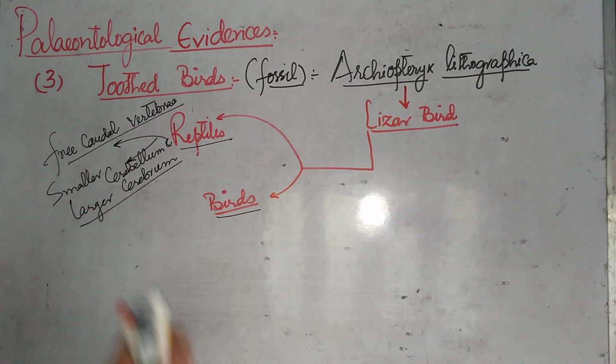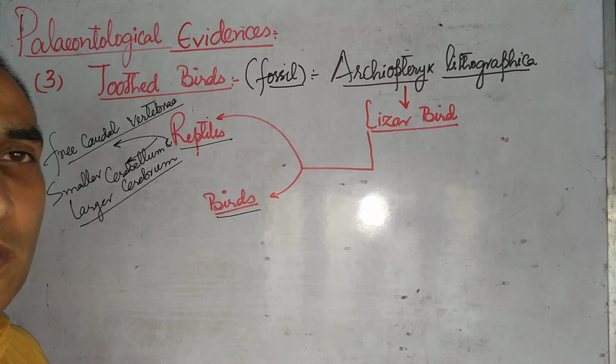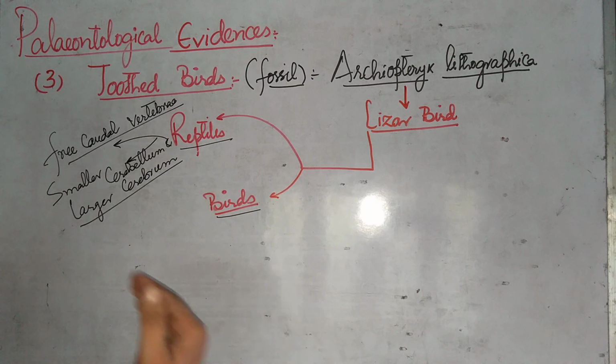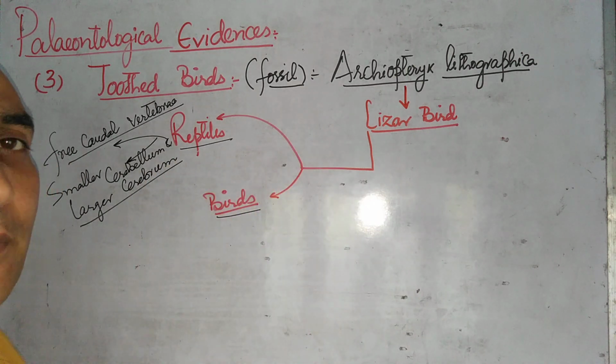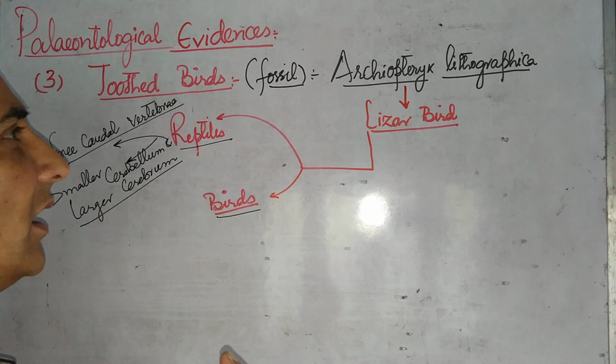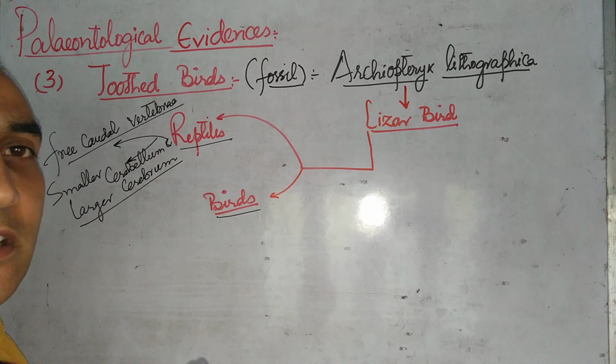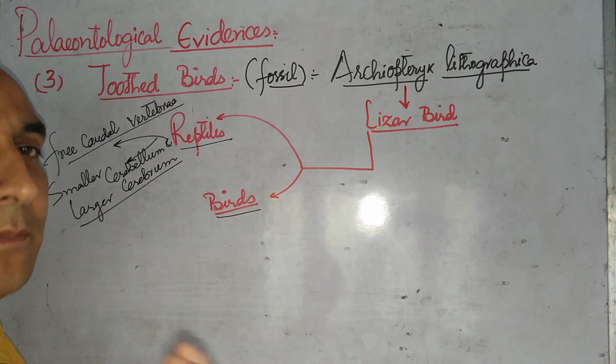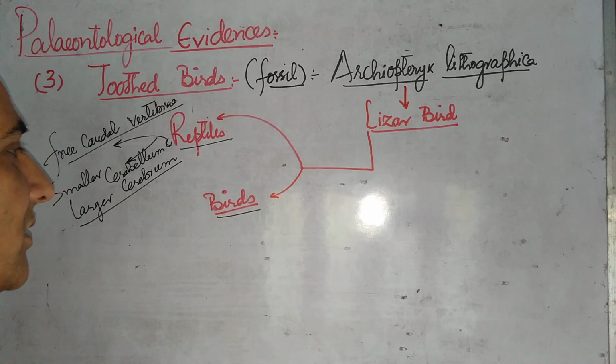This is also one of the reptilian features, and there are many other reptilian features in this animal, Archaeopteryx lithographica. You can find them in a separate lecture on my YouTube channel. The lecture is titled the lizard bird Archaeopteryx lithographica. You can search that and study many other characters yourselves.